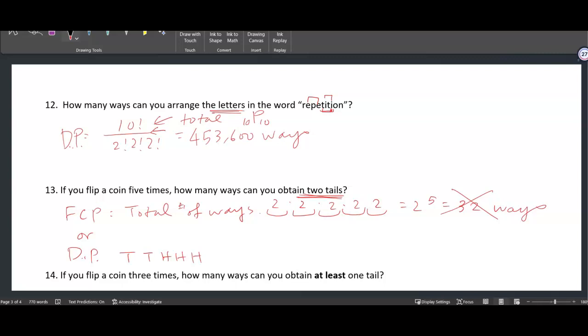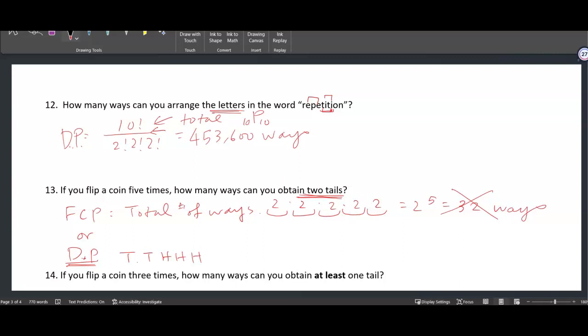In other words, it's asking how many ways you can rearrange these letters, which is not a word that makes sense to us, but it's still letters. So it's still the distinguishable permutation every time we are rearranging letters. Because you have 5 flips and 2 tails, that means the other 3 are heads.